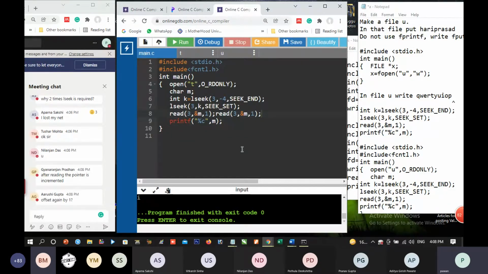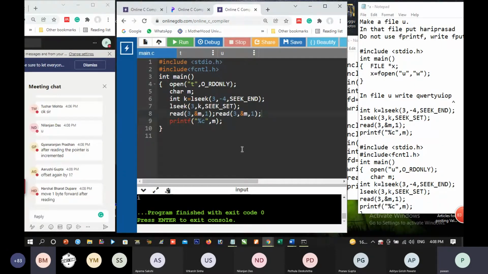Yes, after reading, the file pointer is incremented. Is it correct? The file pointer is automatically incremented after reading. Now, ask your more doubts. What does the read system call return?